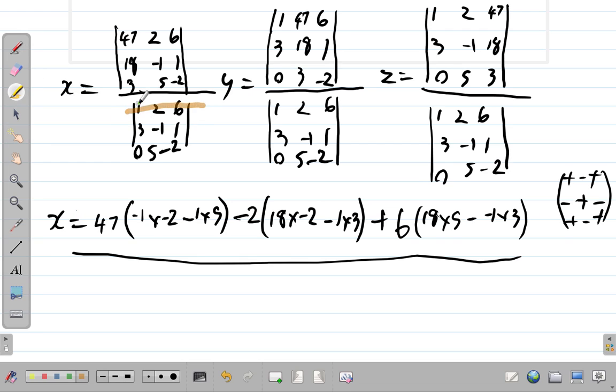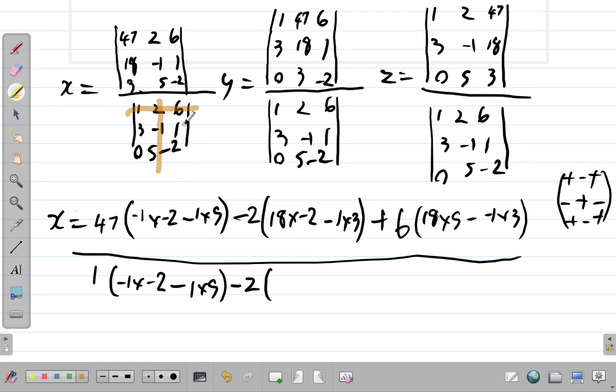We cover the row and column that contain the element 1. So we have 1 times the uncovered elements, -1 by -2 minus 1 by 5. Alright. Then minus 2 times. Remember, we cover the row and column that contains 2.